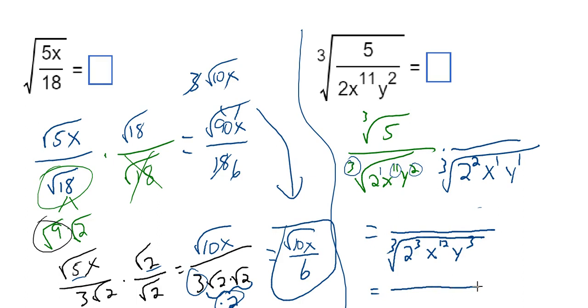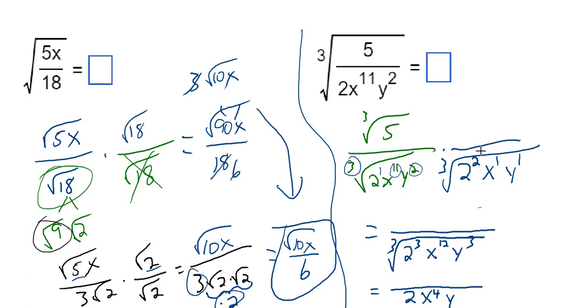When we simplify the cube root of 2 to the 3rd power, the cube root cancels out the power of 3 and we just get 2. When the cube root applies to the x, we divide. 12 divided by 3 is going to give me x to the 4th power. And then for the y, the cube root cancels out the power of 3 and we just get y. And so we've rationalized the denominator because there's no radical left in the denominator at this point.